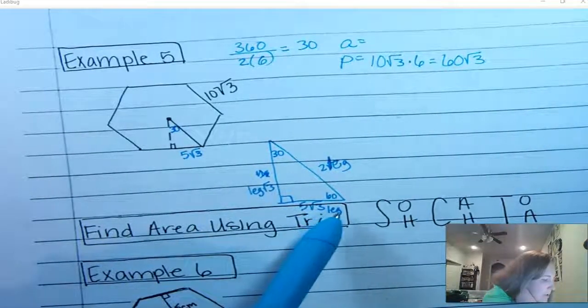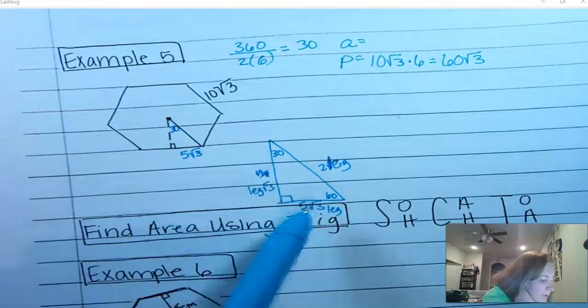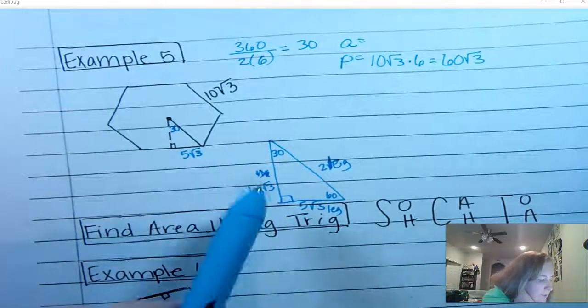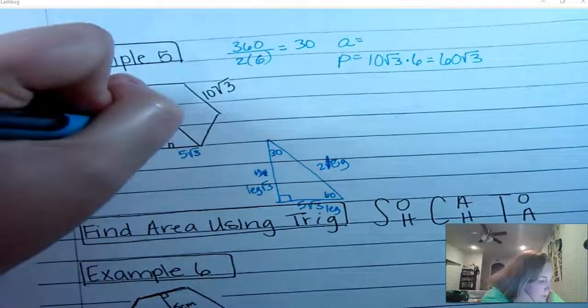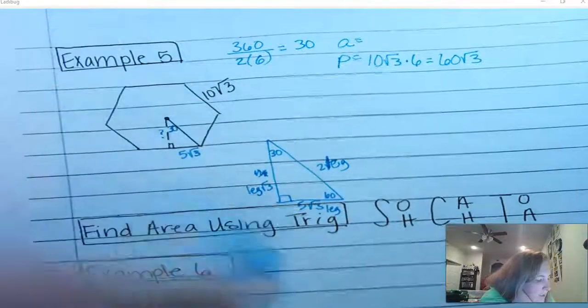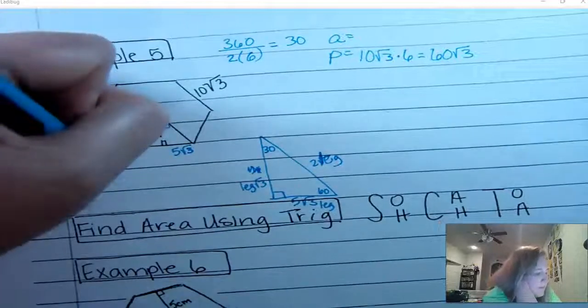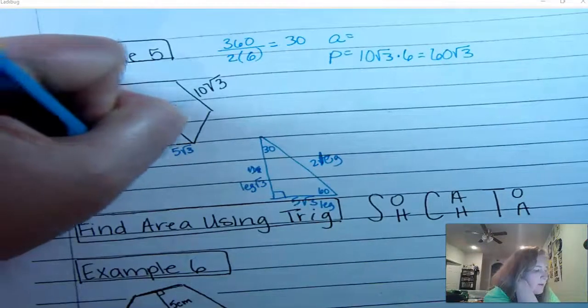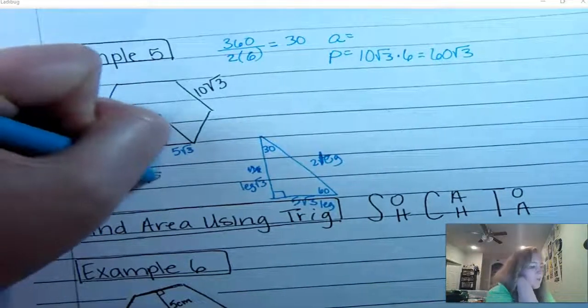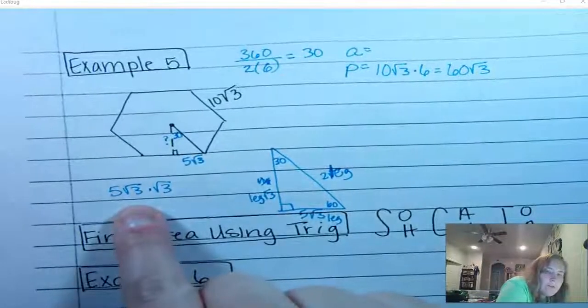But I want you to notice something here. Our leg, our short leg that's across from 30, is 5 root 3. So for us to find our apothem, which is this one right here, we need to take our leg and multiply it by the square root of 3. This confuses people sometimes because it already has a root 3 on it.